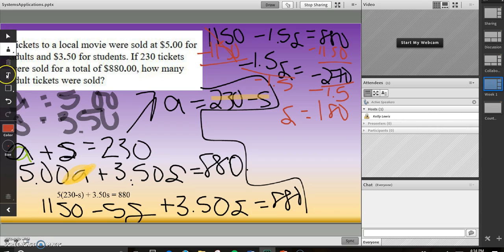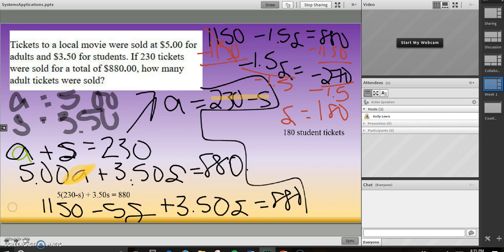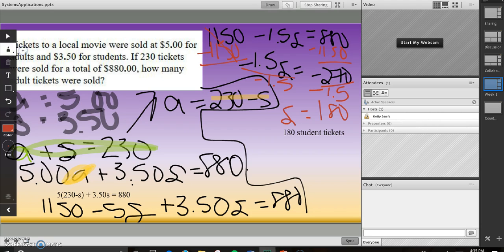So that means that there were 180 student tickets. So if there were 180 student tickets, then A plus S was 230 and S is 180.